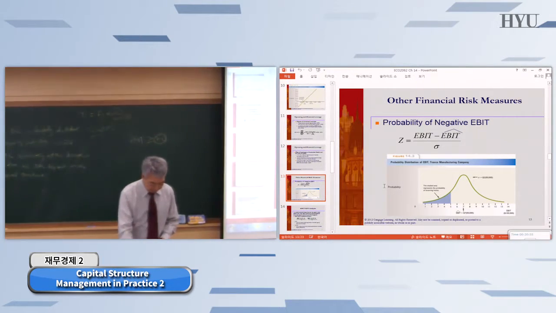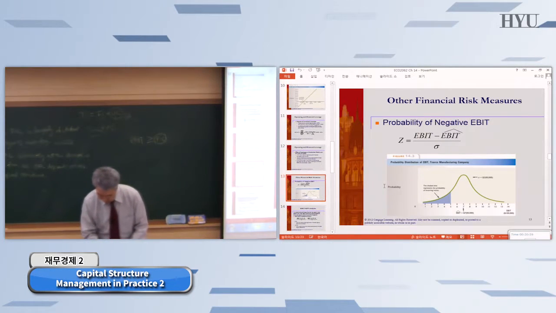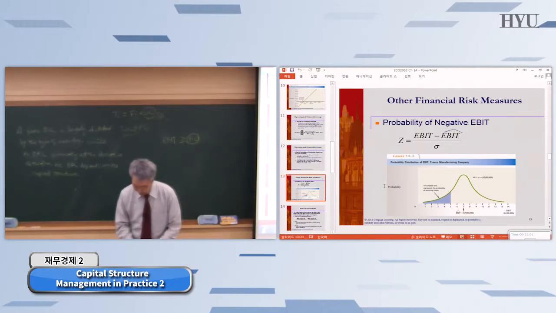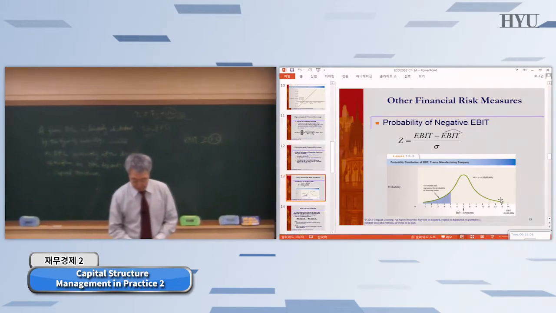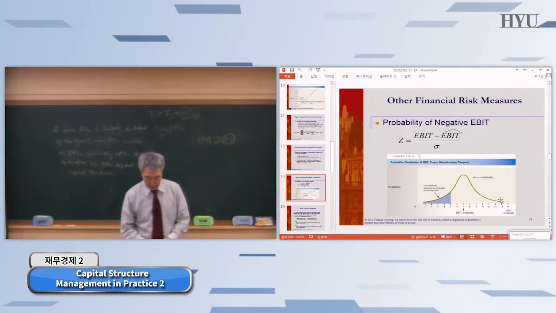Suppose, in this example, using this graph, the expected level, or average level, of EBIT is 700,000, and the distribution is normal.